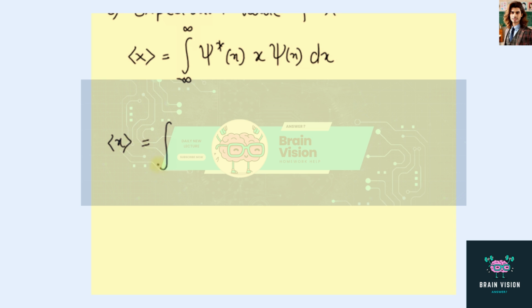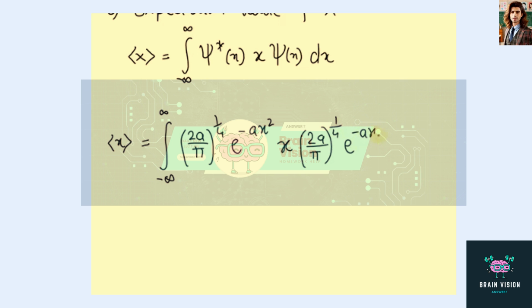So this will be the integral from minus infinity to plus infinity of (2a by pi) raised to 1 by 4 e raised to minus a x square, times x, times (2a by pi) raised to 1 by 4 e raised to minus a x square, dx.